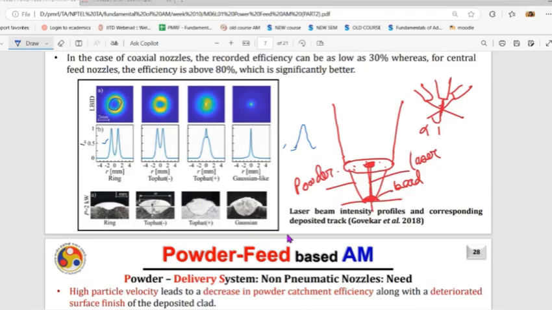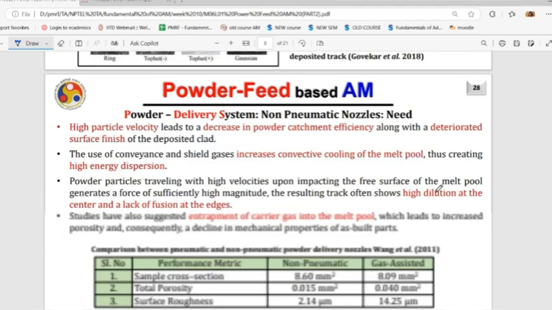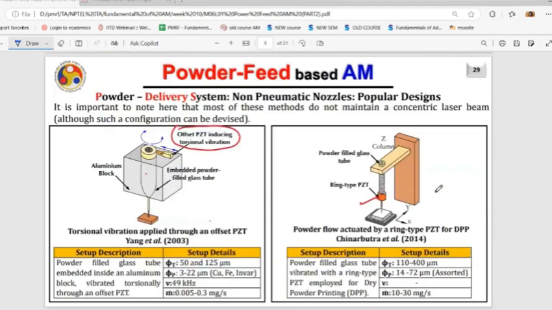Your argon gas flow should be optimum to minimize or avoid the oxidation. Also, as argon flow is there, quick solidification is also there. So during solidification, there should not be any cracks. These are a few things you need to note down. There are various process parameters as well.